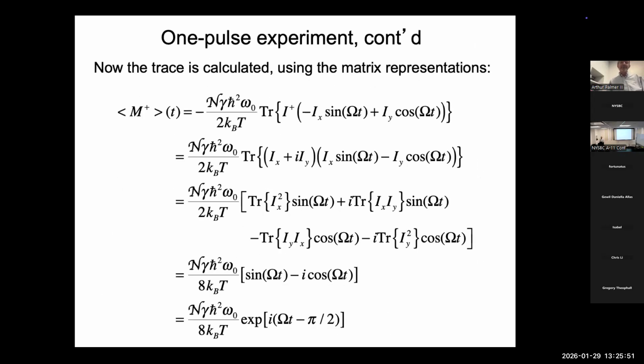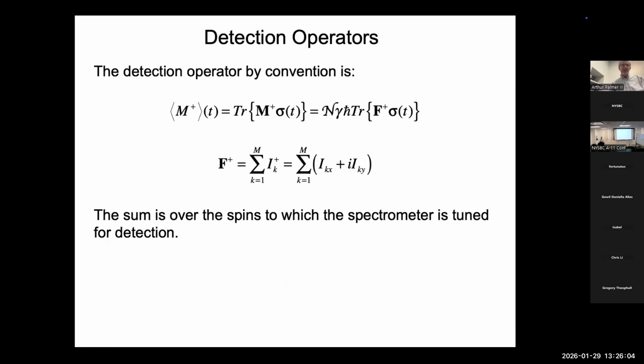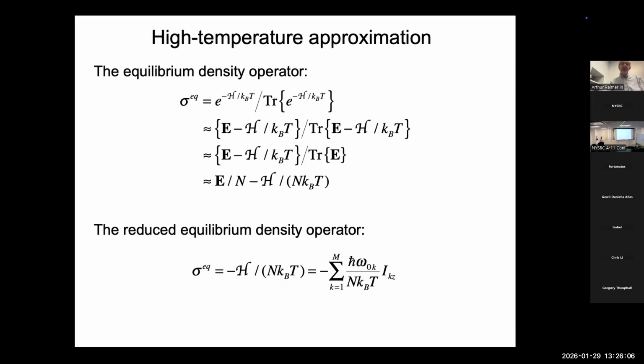Where the gammas come in is, for a given nucleus, if we want to know how much population is in the alpha state, that'll depend on gamma, because gamma times B naught or minus gamma times B naught is omega naught.